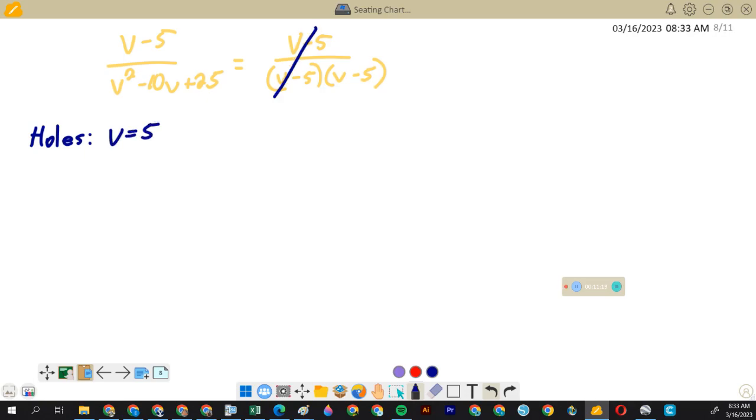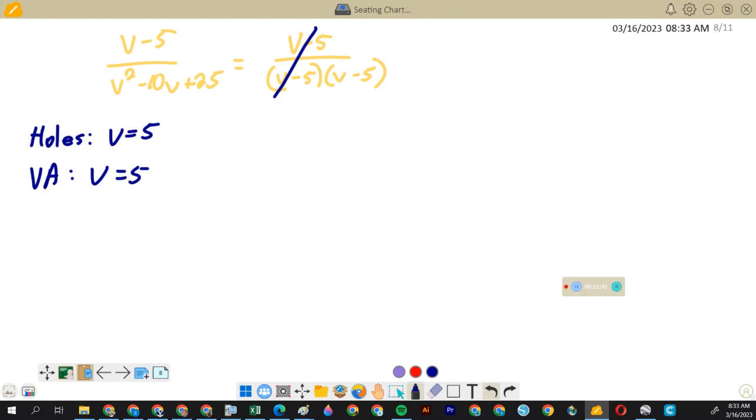V equals 5. Right? Okay. Does this have any VAs? Any factor on the bottom that doesn't cancel? 5. Now wait a minute.